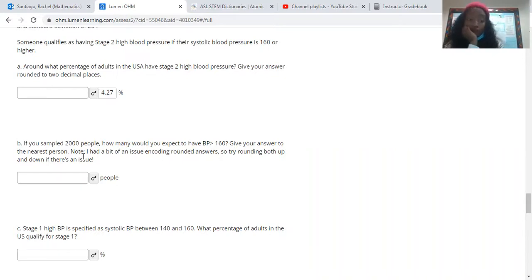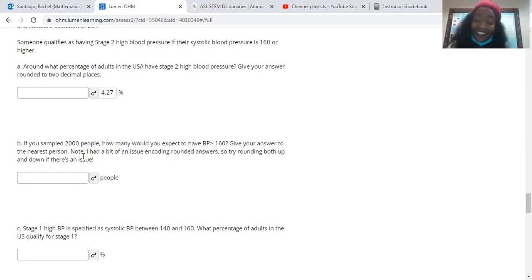We know that we can expect 4.27% of all adults to have high blood pressure. But now they're telling you how many adults. I have a question too. The 2,000, would that be your sample size, how many people you sampled? Yes, it is.